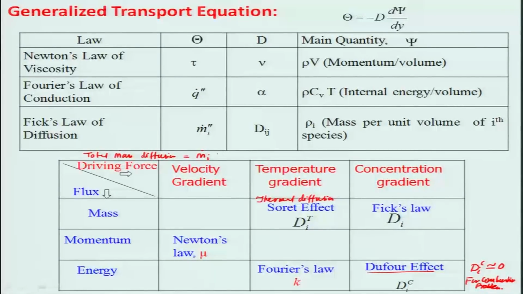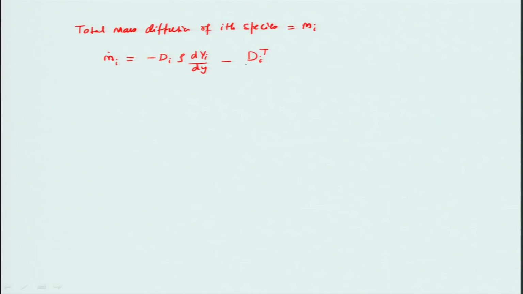The total mass diffusion of the i-th species, m dot i, is equal to minus D_i rho dY_i by dy, plus a Soret diffusion term, D_i^T by T into dT by dy.